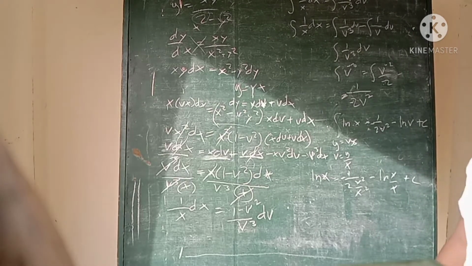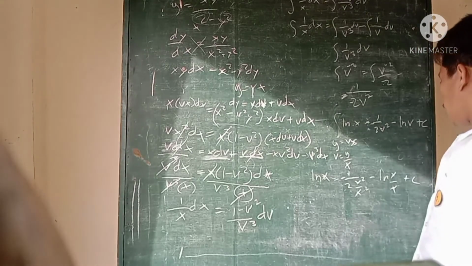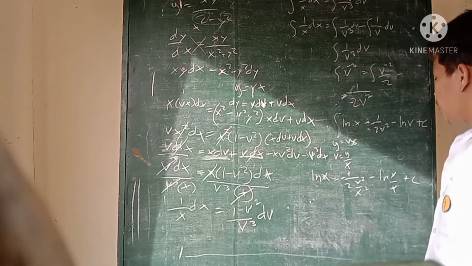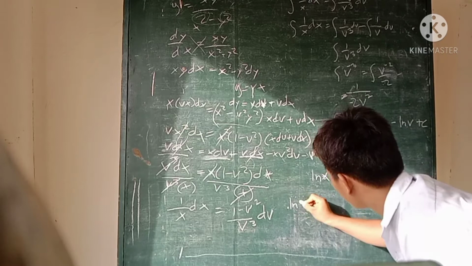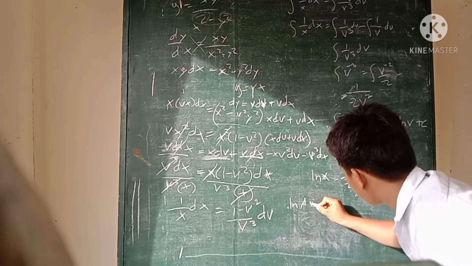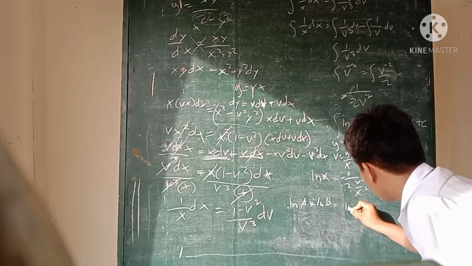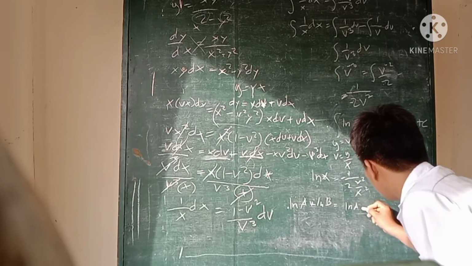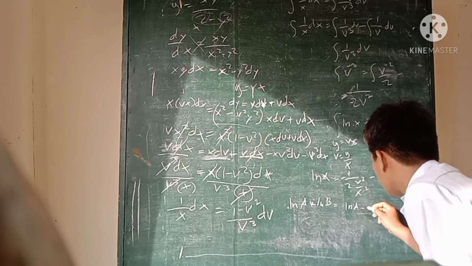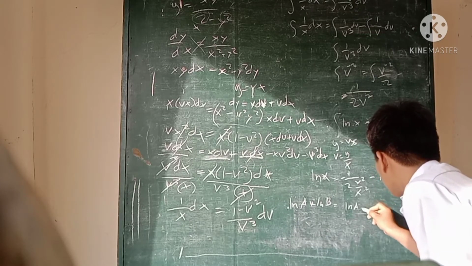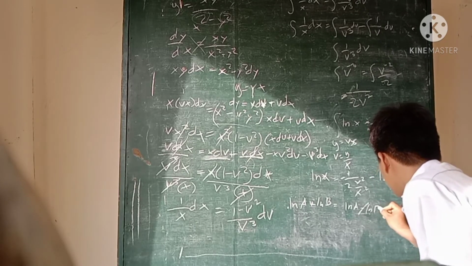By the law of natural logs, ln a minus ln b equals ln of a over b.